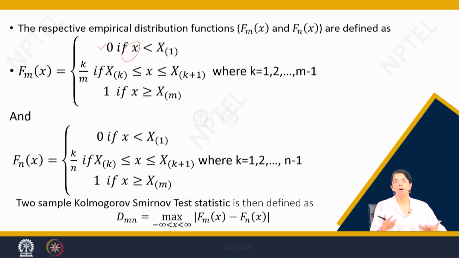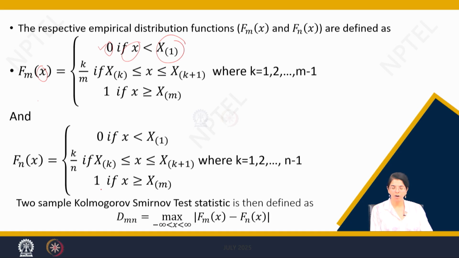The concept means how many observations are less than some small x. If your small x is less than x order 1, the smallest observation, there will be no such observation in your data set, so 0 will be the value. And if your small x lies between the kth order observation and the (k+1)th order observation, then the number of observations less than that is k, so k by m, and finally 1. Similarly, for Fn(x), that will be 0, k by n, and 1.